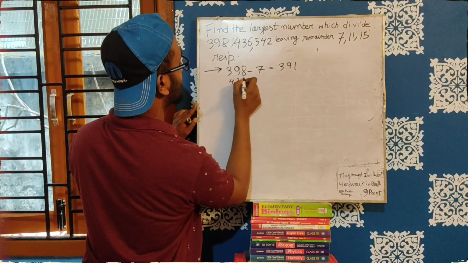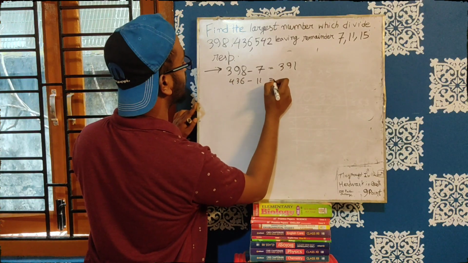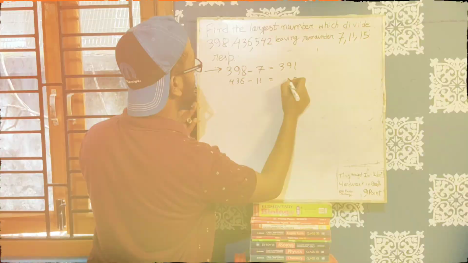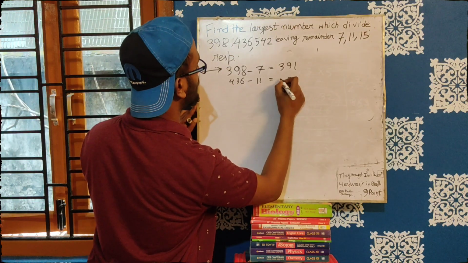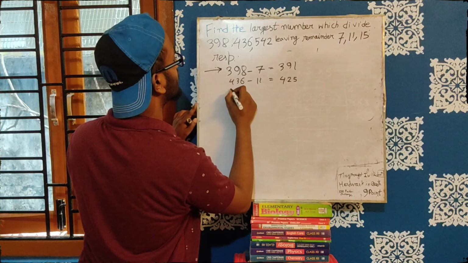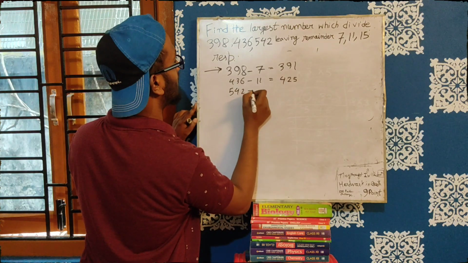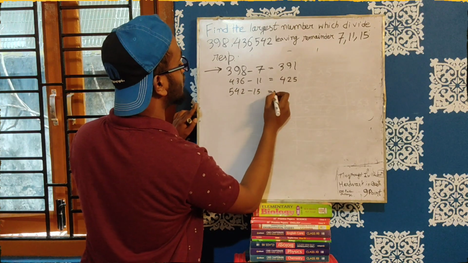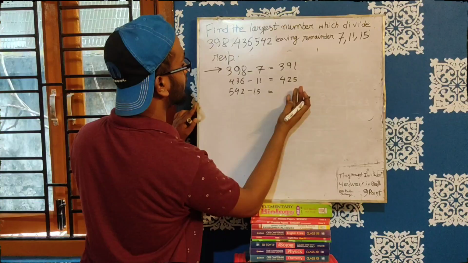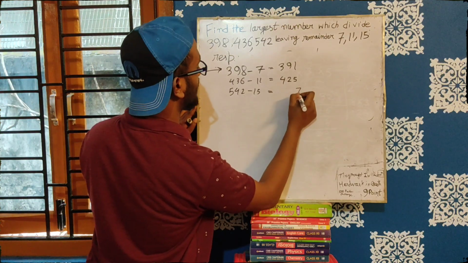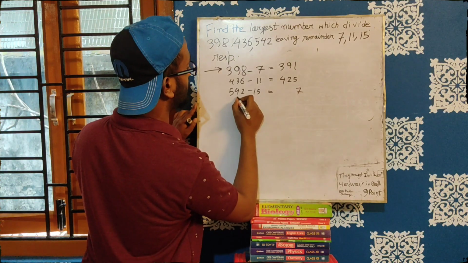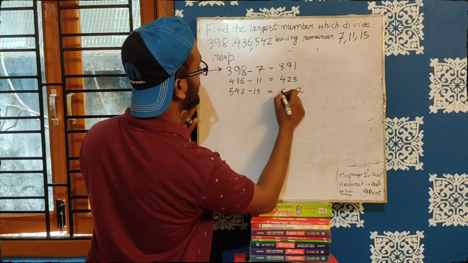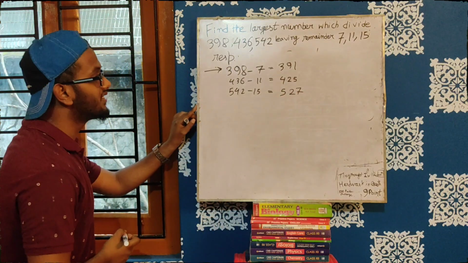Then 436 minus 11, what will be this one? 425. Then 542 minus 15, what will be this one? 527. So these are the three numbers.